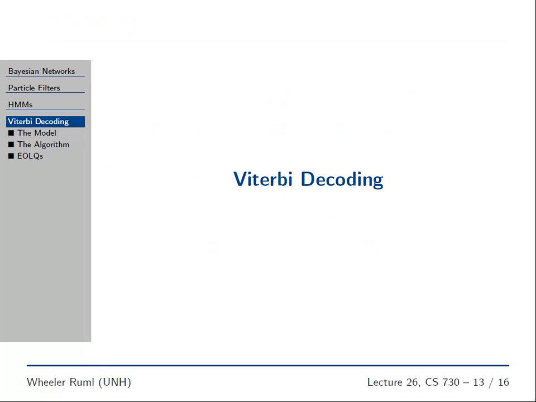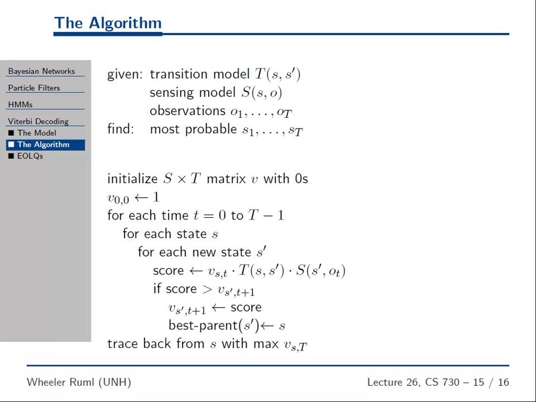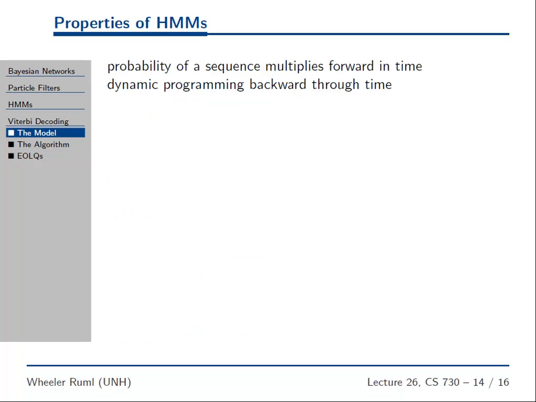Now, the classical problem for a hidden Markov model is, given a sequence of observations, what did the system actually do? What was the most probable state sequence? We don't want to do this today.